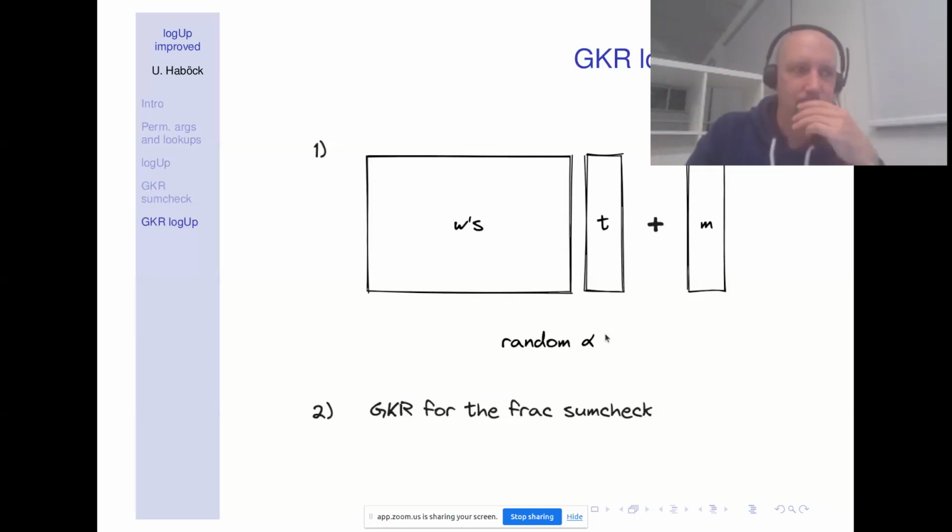Because if it was 0, as in Lasso, you could take profit of that and use a sparse polynomial commitment, so that you even pay less, because all of the things that are 0, you can directly omit them.